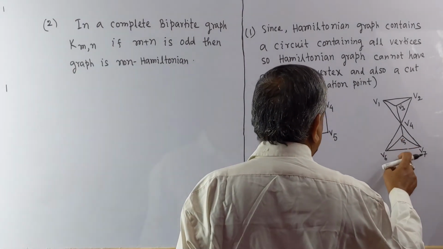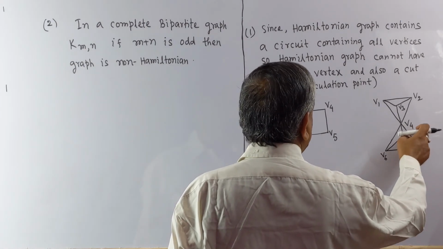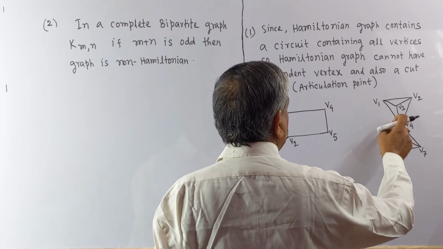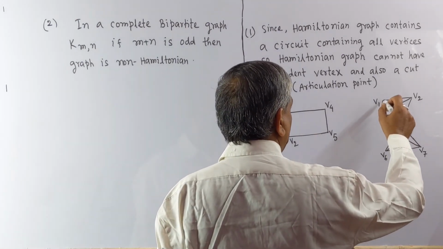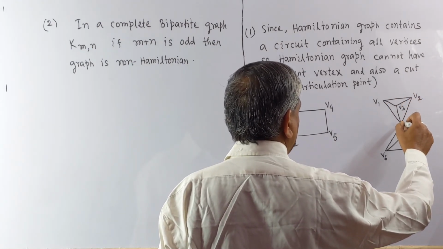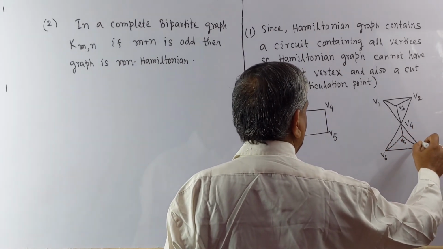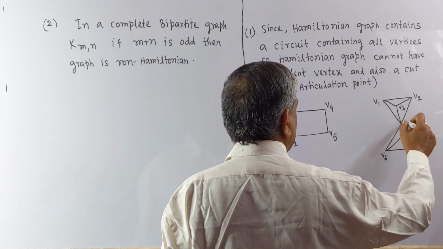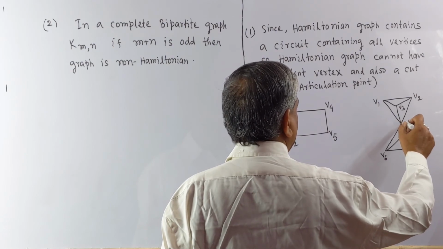Here we see another graph. Here V4 is the cut vertex, or this point is the articulation point. If we start from V1, then we go V2, then V3, then V4, then V5, then V6, then V7, and we will have to return back through this point, and this point will be repeated.